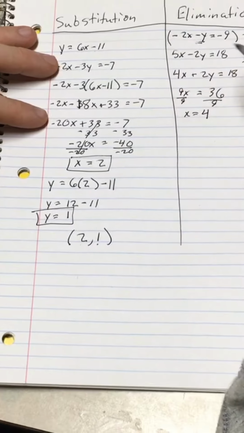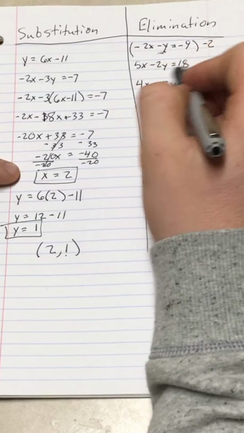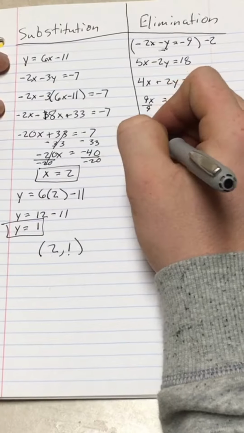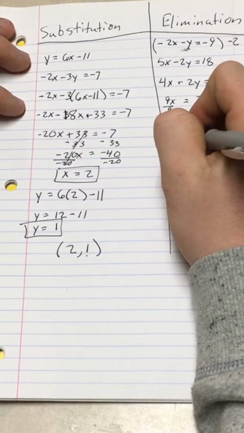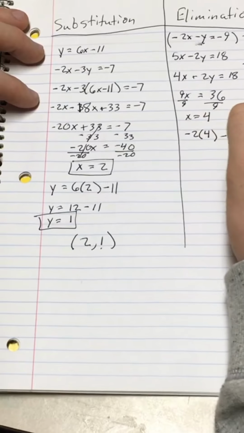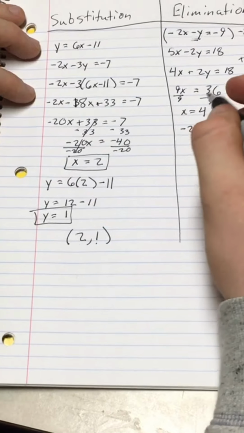And then similar to over here, once we found one of the variables, all we have to do is take this variable and plug it back into one of the equations. I'm going to choose to plug it into this equation just because, but you can choose either equation. You'll get the same answer either way. So I'm left with 2 times 4 minus y is equal to -9. And now all we're going to do is solve for y.